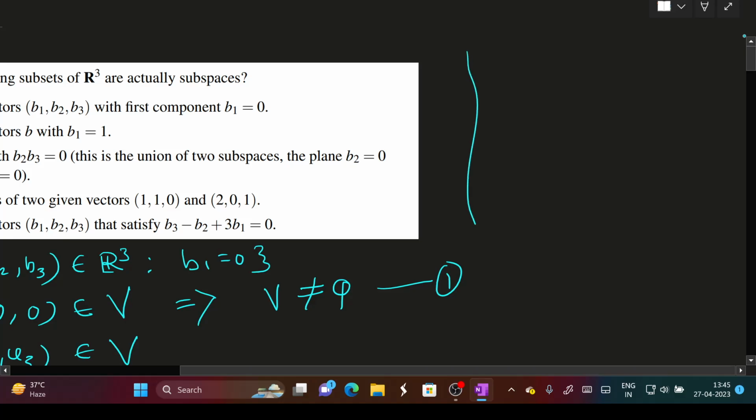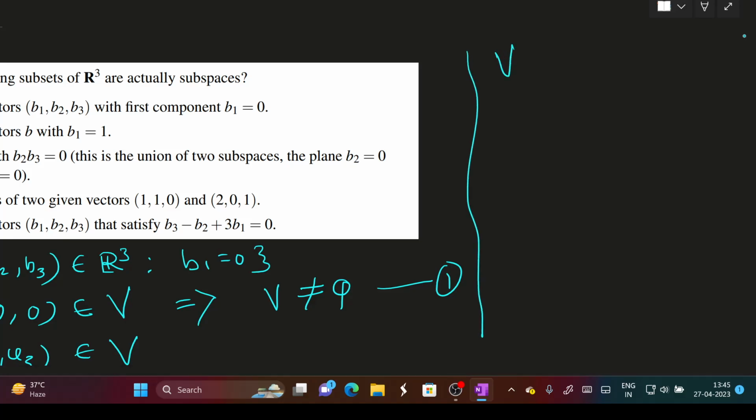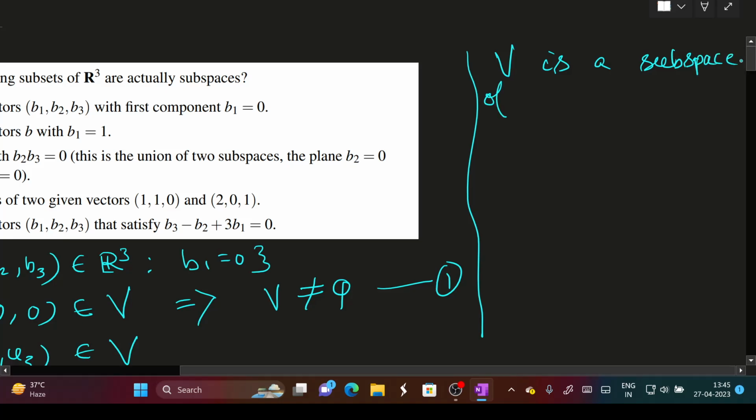We conclude that V is a subspace of R^3.